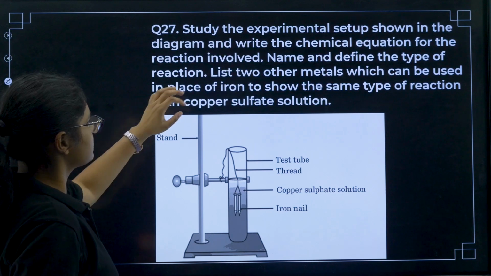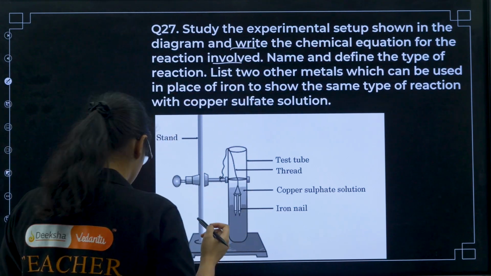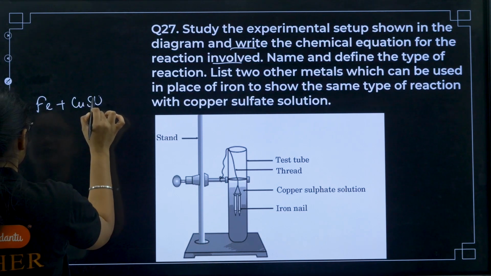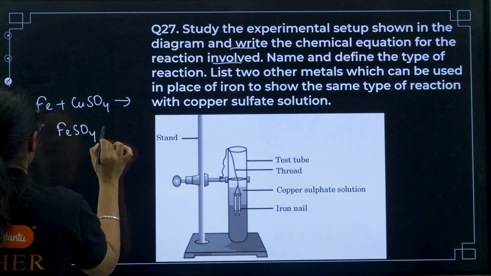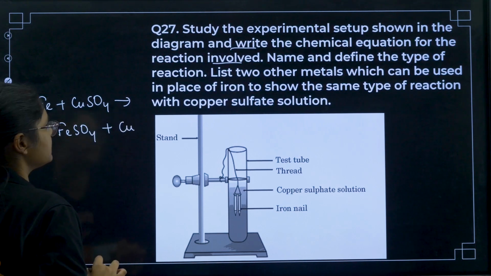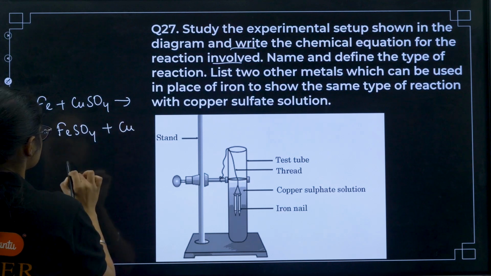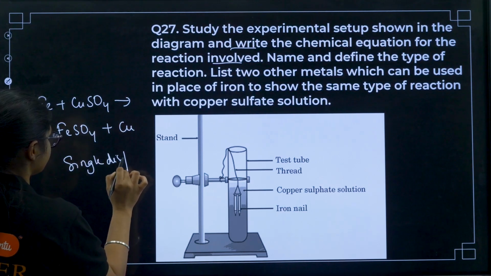First of all, you have to write the chemical equation that is involved. So here what is happening? Fe plus copper sulfate gives you Fe sulfate plus copper. That is the reaction happening. Name and define the type of reaction. So this is a single displacement reaction. This is the name of the reaction and you just need to define it.